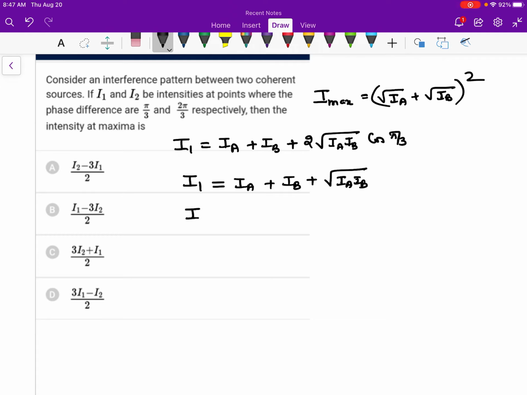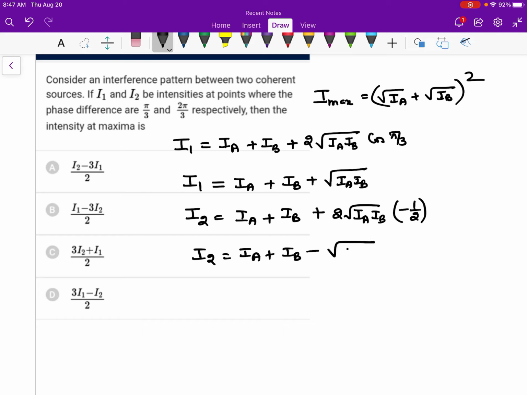And similarly I2 is IA plus IB plus 2 root IA IB cos 120 degree, which is minus half. So I2 is IA plus IB minus root IA IB.